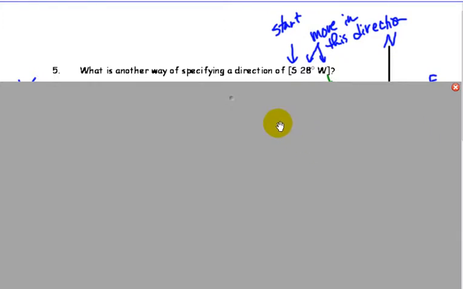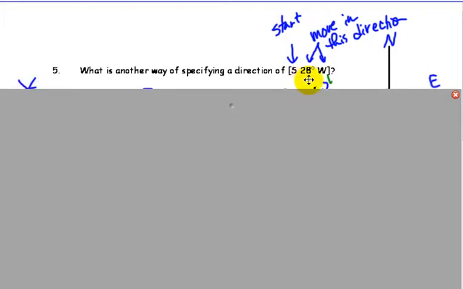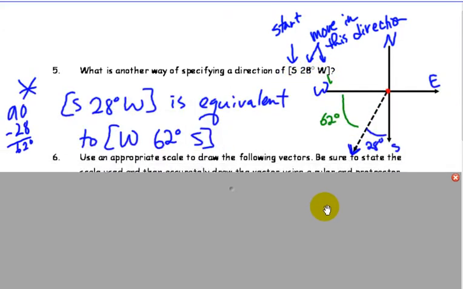If we take a look here, the map directions, or the direction of the vector, I like to illustrate like this. For example, south 28 degrees west. To interpret what's happening here, if this is the starting point, this is a movement in this particular direction. So starting straight south, moving 28 degrees in the west direction.